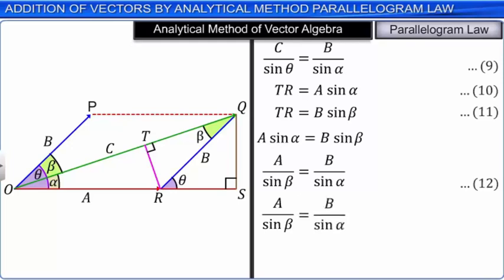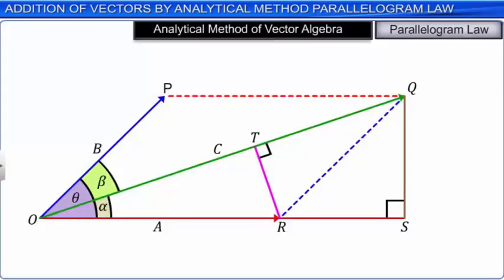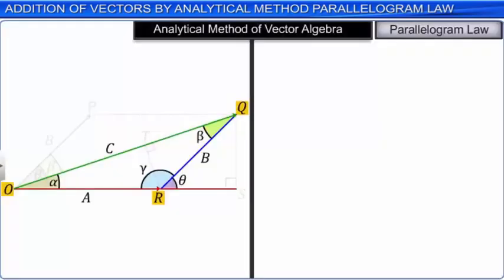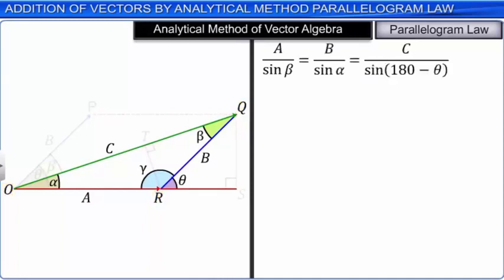Now, consider triangle OQR. Here, A by sin beta is equal to B by sin alpha is equal to C by sin (180 minus theta). A by sin beta is equal to B by sin alpha is equal to C by sin gamma. Let this be equation 14. This equation is known as the law of sines.